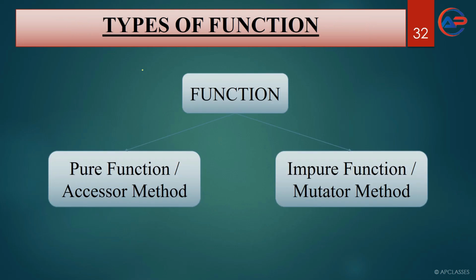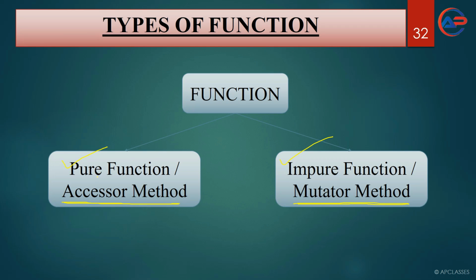That's all. Now the next one is types of function. We have two types of function: one is pure function, another one is impure function. Pure function is also called an accessor, and impure function is called a mutator method. Pure function or pure method is called an accessor method, and impure function or method is called a mutator method.